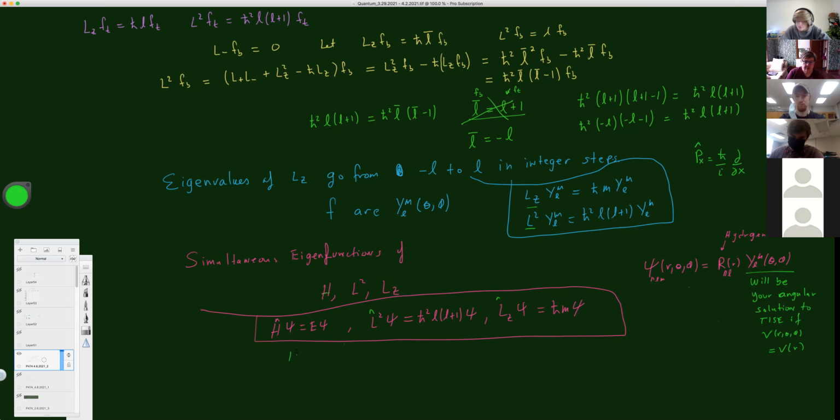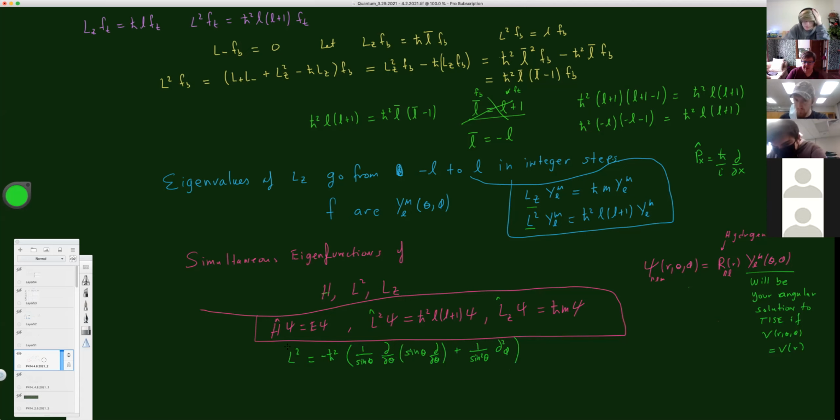So L squared has the form minus h bar squared, 1 over sine theta partial theta of sine theta partial theta, and then plus 1 over sine squared theta partial squared phi.